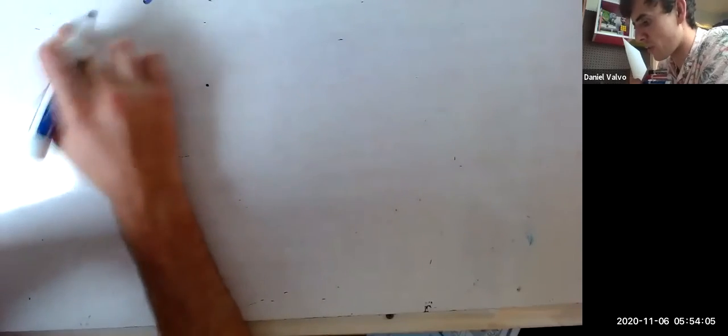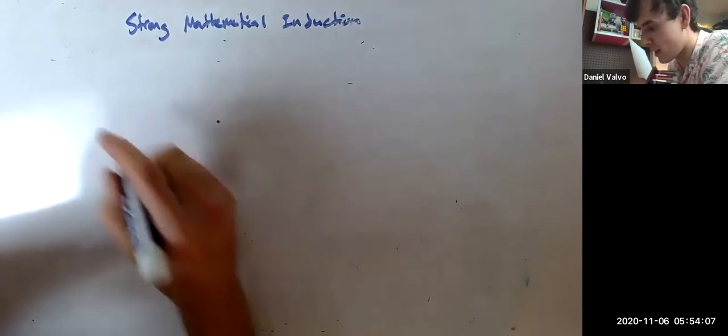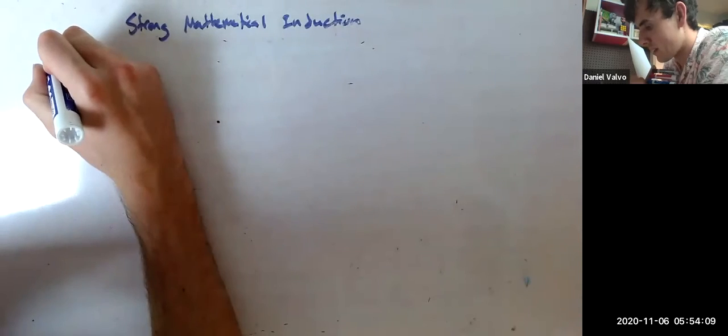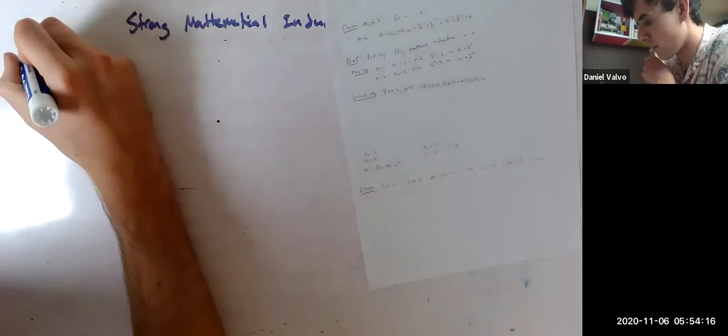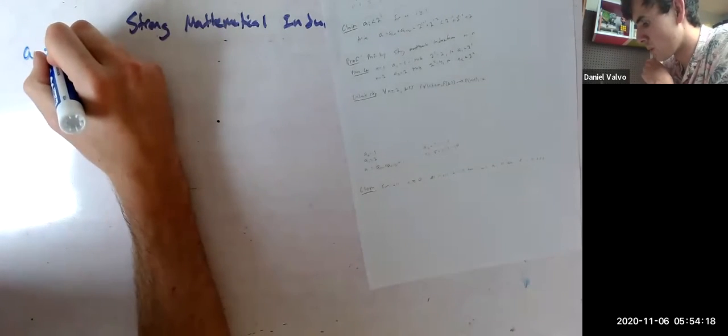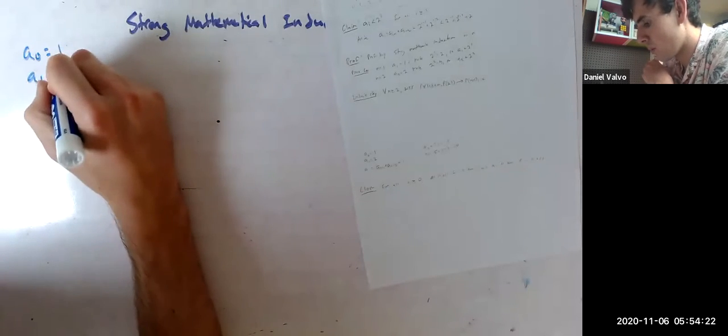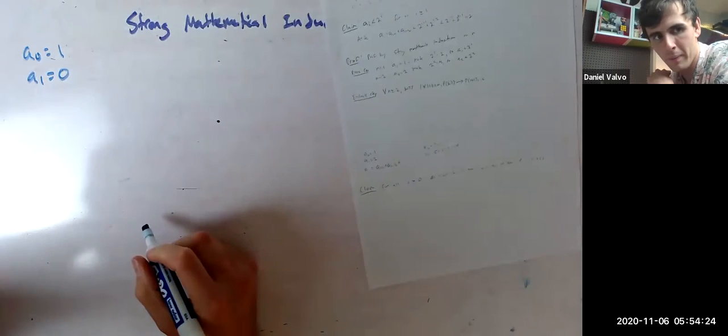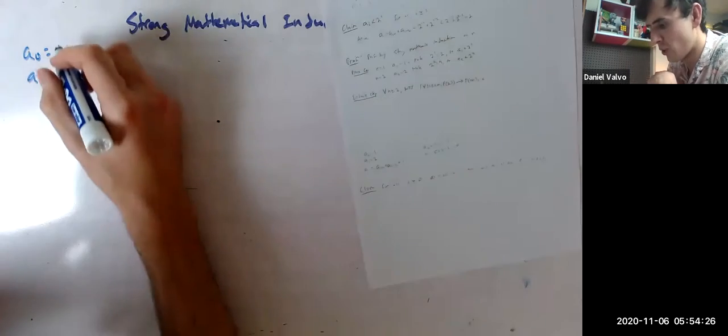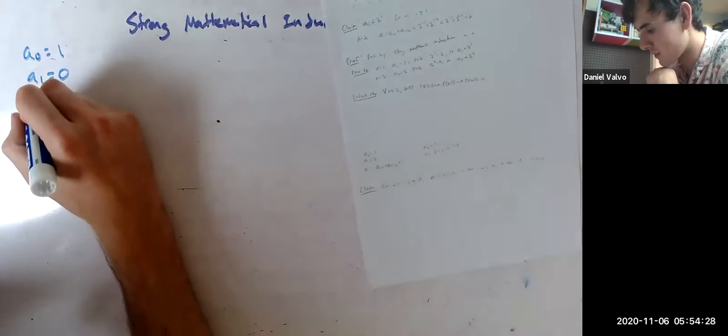Actually, the claim's about this recurrence. So I'm going to define a sequence. The sequence is going to go like this. We're going to have A0 equals 1 and A1 equals 0. So we have 2 base cases for our recursive case.